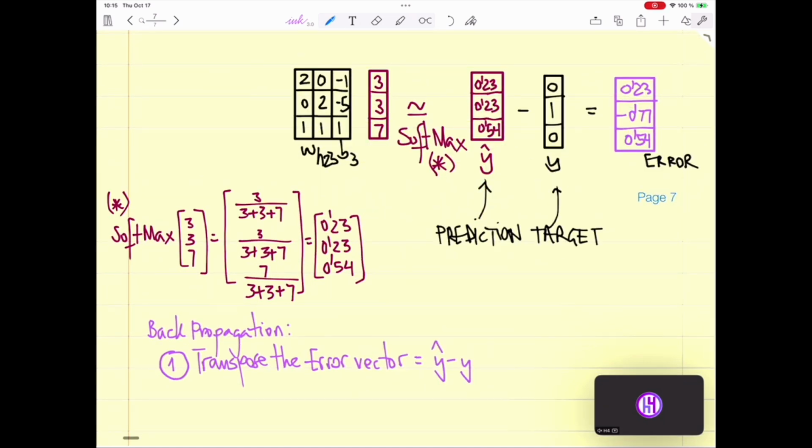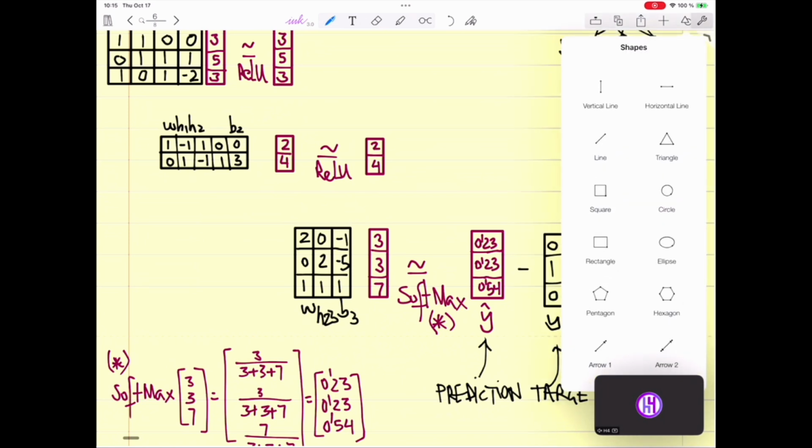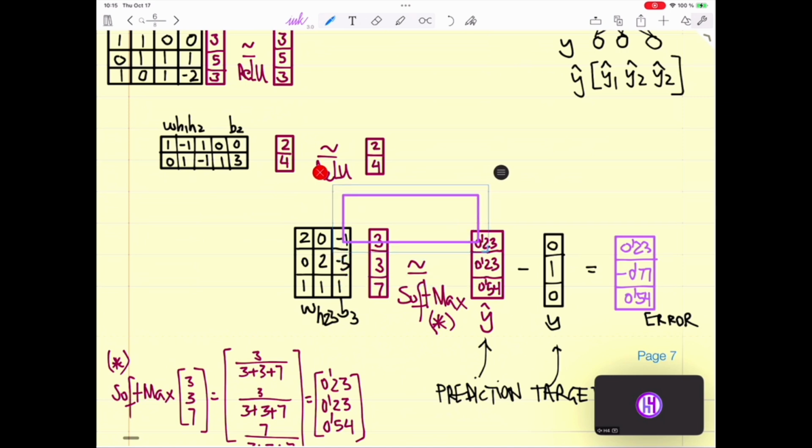The target is given, anything that is here in black is given to you. So the first thing is that we transpose that vector. This is super easy, as you will see in a second.